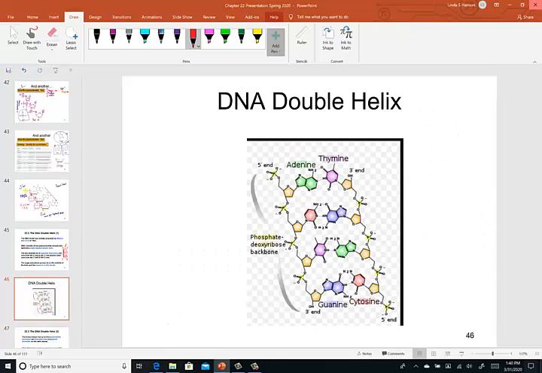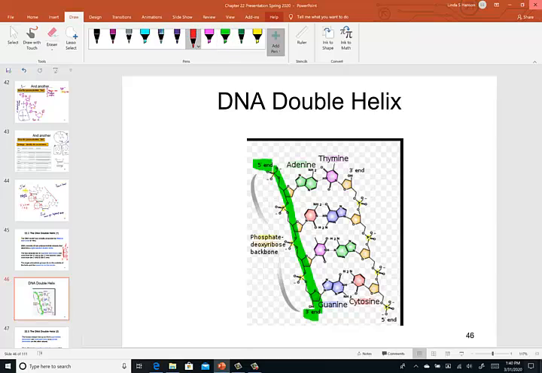So let's take a peek at an alpha helix, the helix that makes up the DNA molecule. Okay, so here are some things that we said. From 5' end to 3' end, this would be the first strand of the DNA molecule.